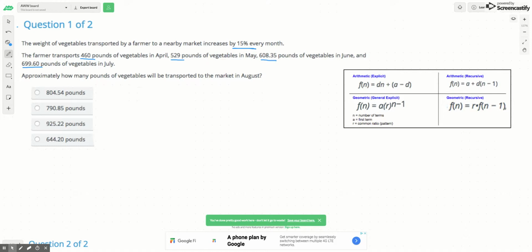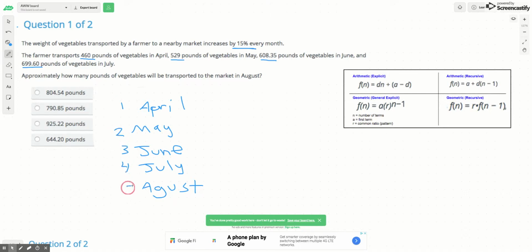All right, let's see. So we have information for April. We got May, June, July, and we want to know how many pounds we're going to be transporting in August. So this is the first month, second, third, fourth, and fifth.